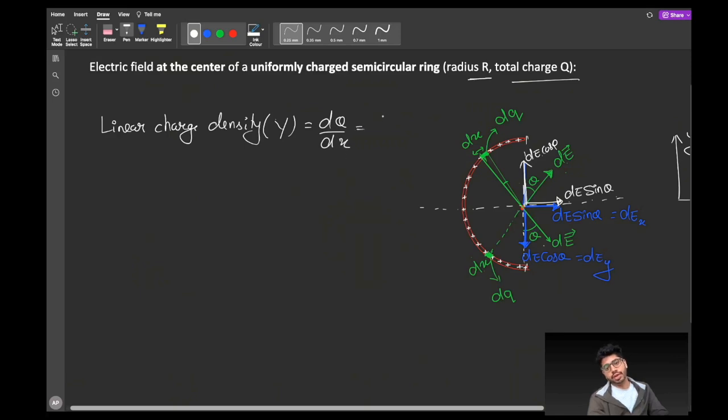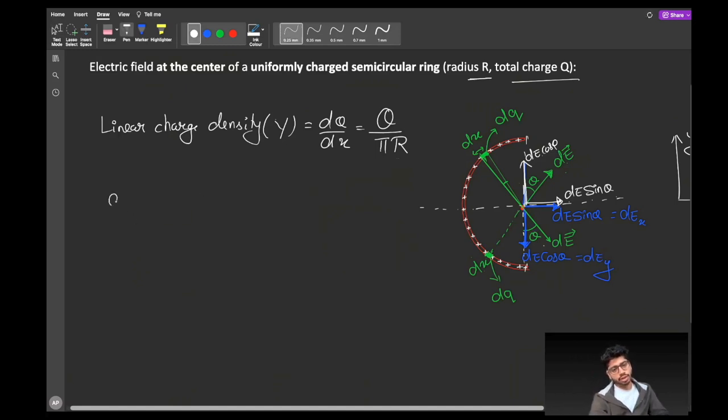Or we can define it like this also: total charge by total length. The length is, by the way, a semicircle, so I can use this equation also: total charge by total length, where the total length is pi r, the semi-circumference of a circle.